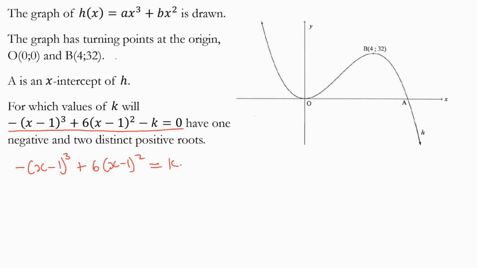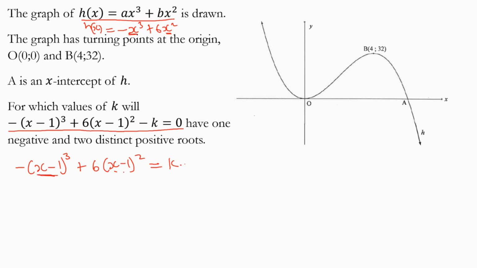What do you observe? If you compare this new equation with our equation h of x is equal to negative x cubed plus 6x squared, what has happened here? x has been replaced by x minus 1.